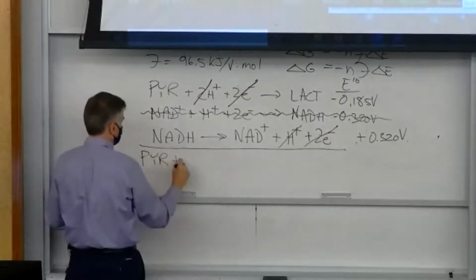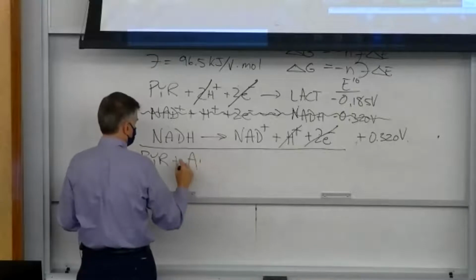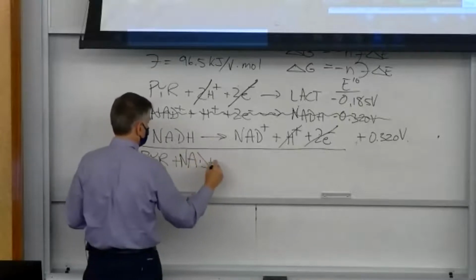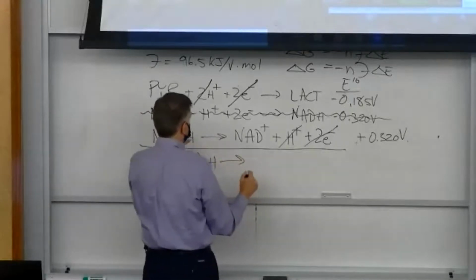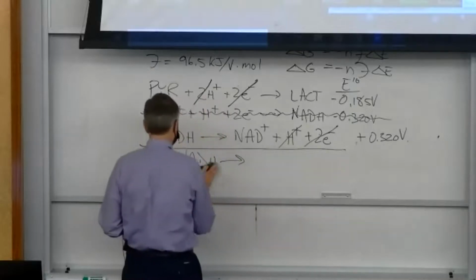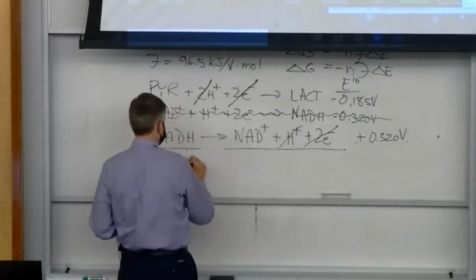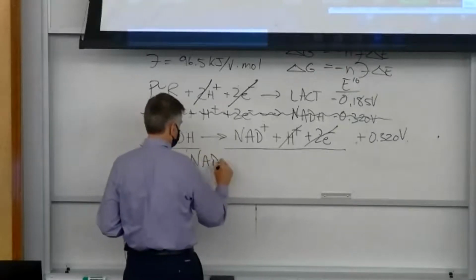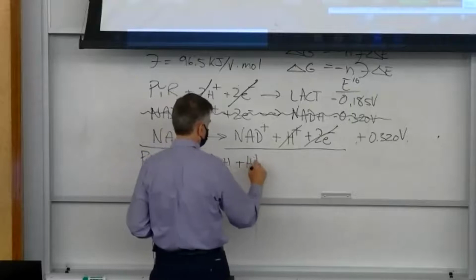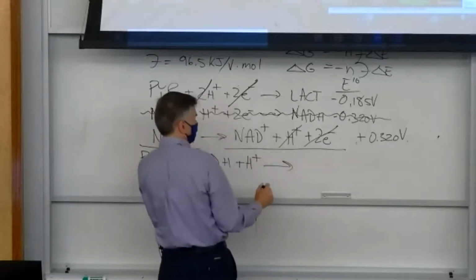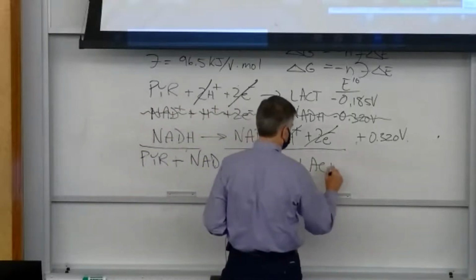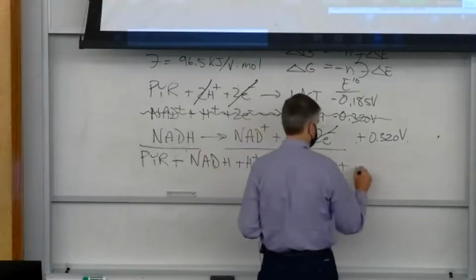Pyruvate plus NADH, need to include the NADH plus that 1 proton, goes now to produce lactate and NAD+.